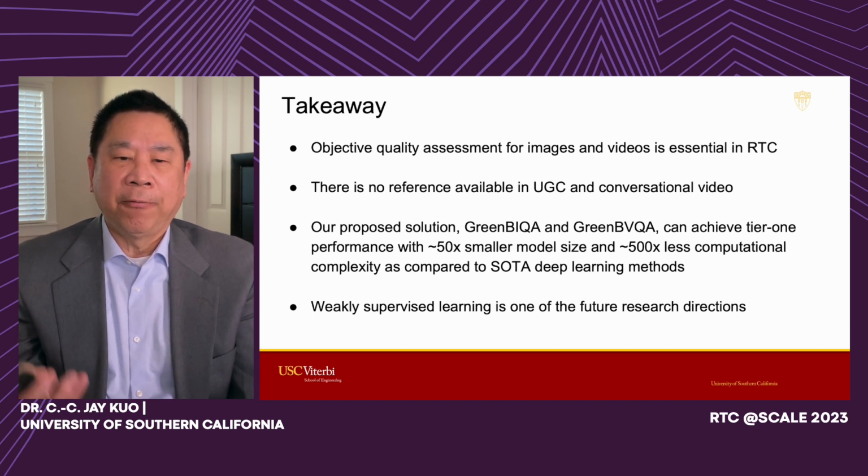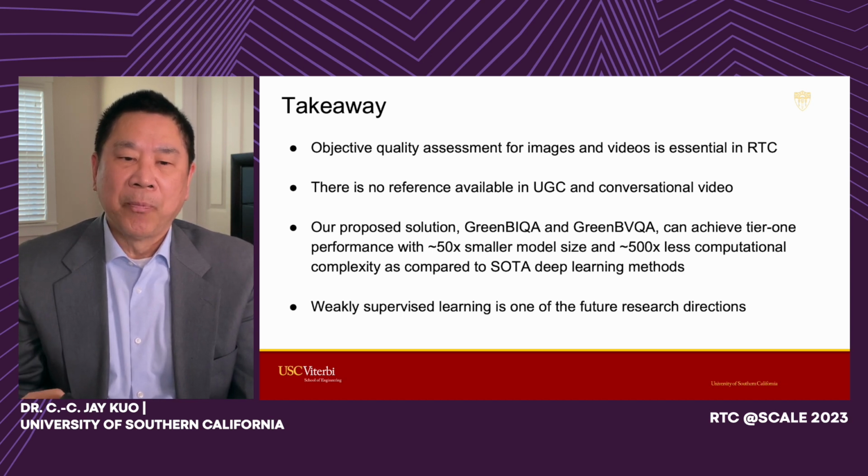And you need a very effective feature extraction and also an effective regressor. And we propose Green-BIQA and Green-BVQA, and they can achieve first-tier performance in terms of correlation with human experience. And the model size is much smaller. Compared to deep learning, they have 50 times our model size, and their complexity is 500 or even more times that of our method.